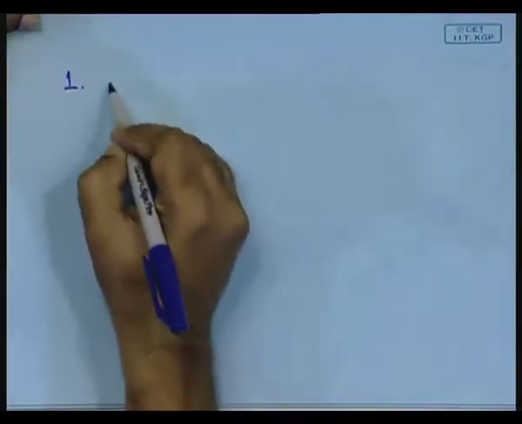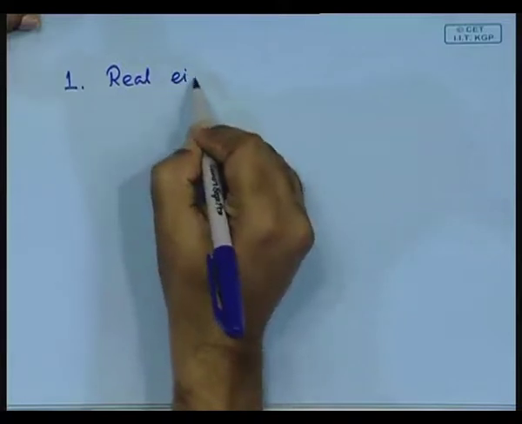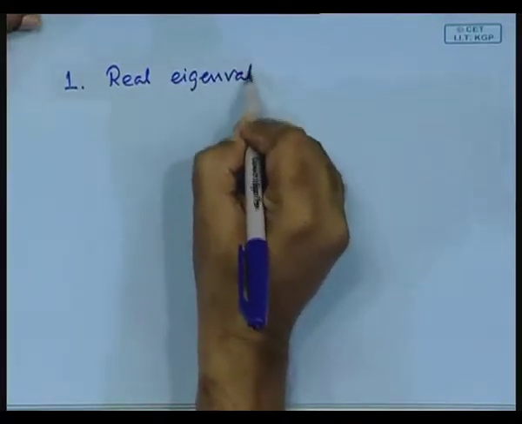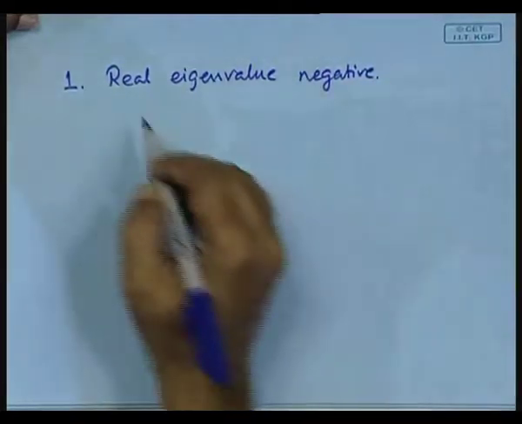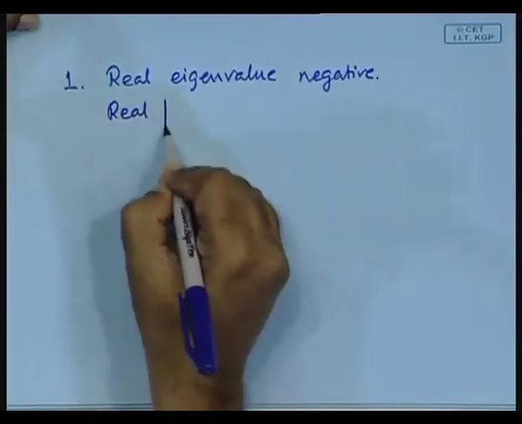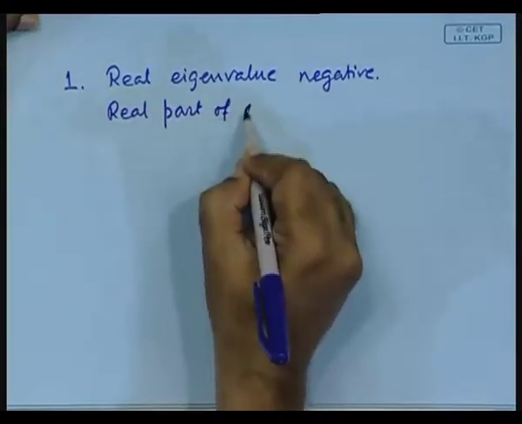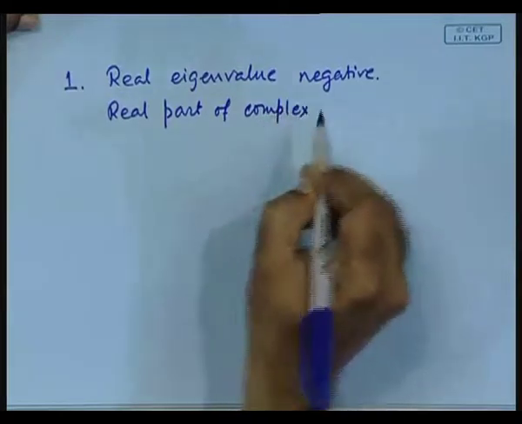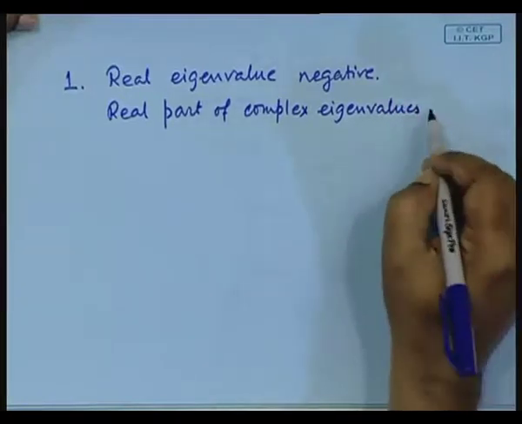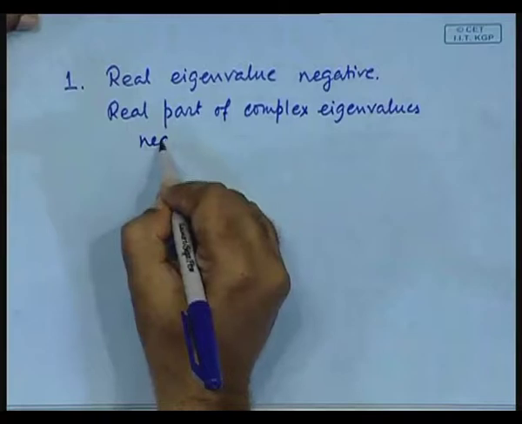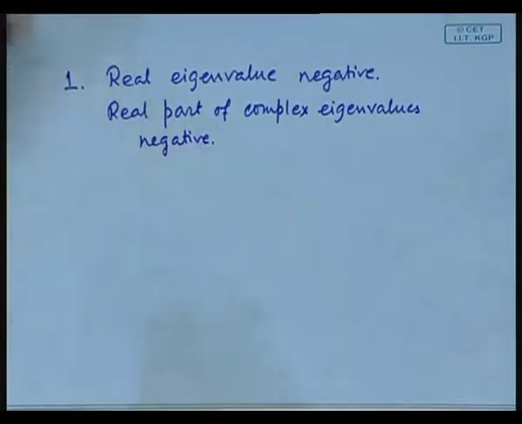Now, we can close our eyes and figure out the behavior from the general geometrical description. 1, real eigenvalue negative and real part of complex eigenvalues negative. In that case what will be the behavior?